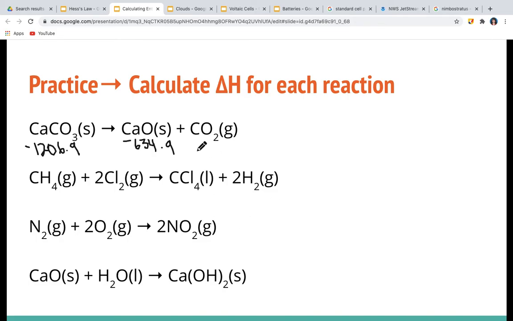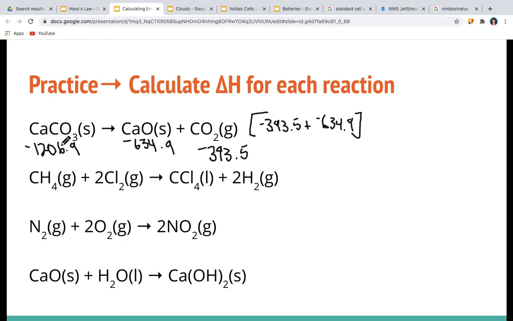Which is negative 393.5. These are all in kilojoules. So remember, we're going to do products minus reactants. So we have negative 393.5 plus negative 634.9.